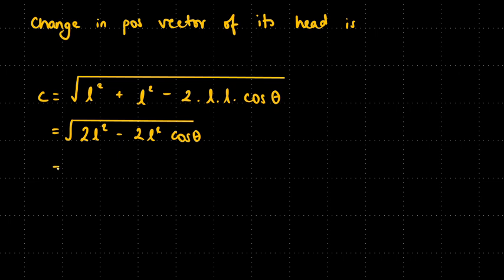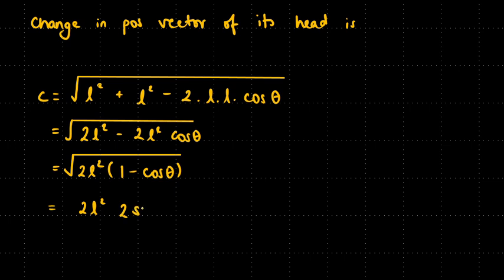So we have the square root of 2L square times (1 minus cos theta), and 1 minus cos theta is a formula: it is 2 sine square theta by 2. So this is equal to that, and let's keep the square root.